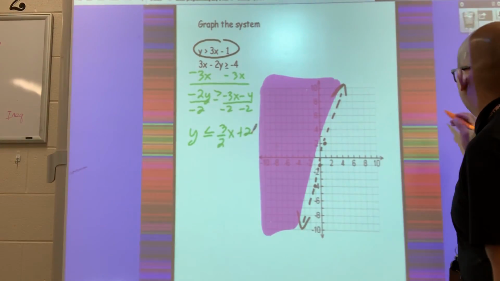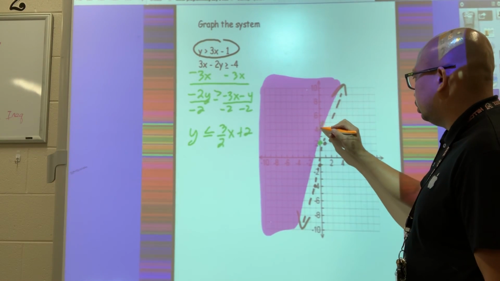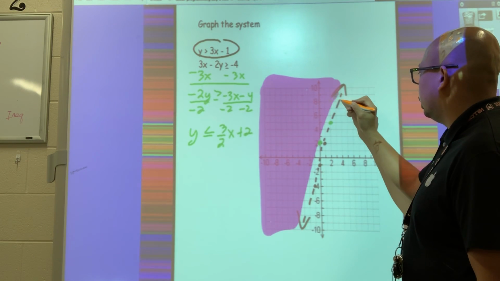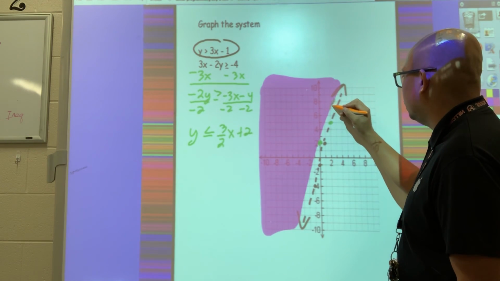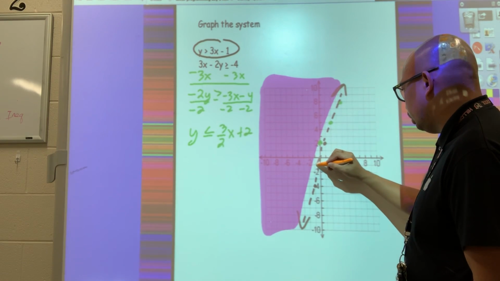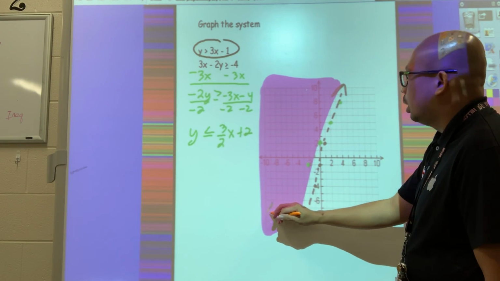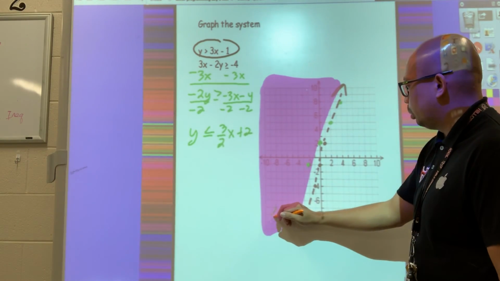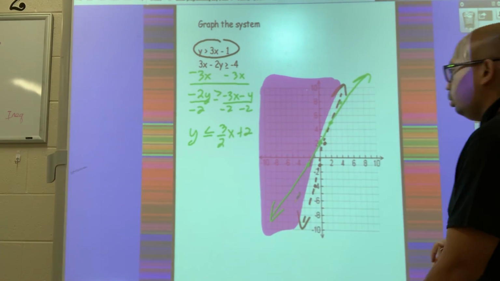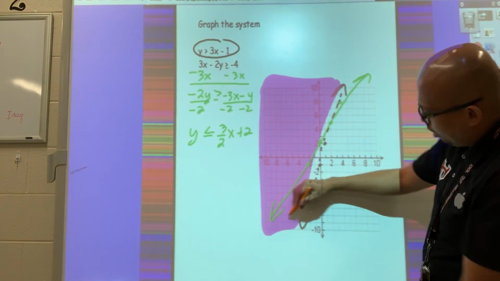That means we start at 2 and go up 3 over 2, and down 3 over 2 to the left. Since there's an equal sign, it's going to be a solid line. Since it's below, we graph the yellow portion.